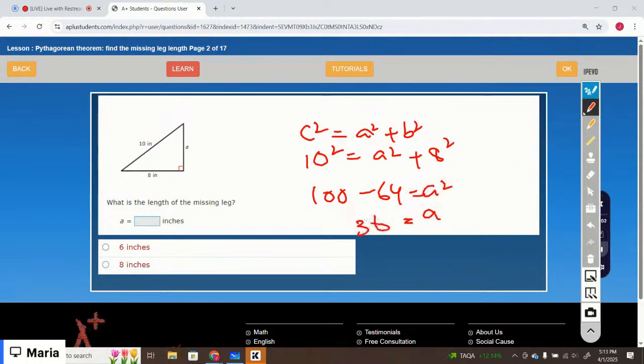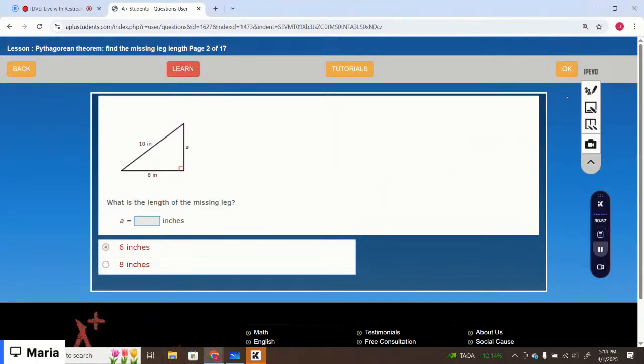So a square is 36, so a equals 6 inches. Option number 1 is the correct option.